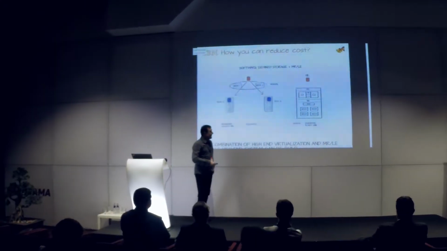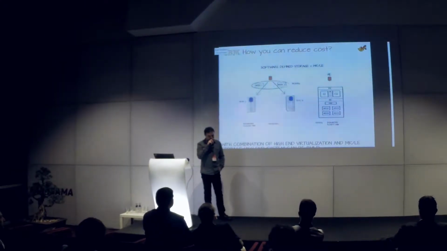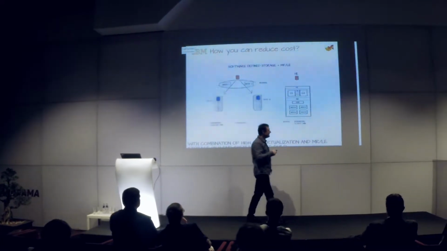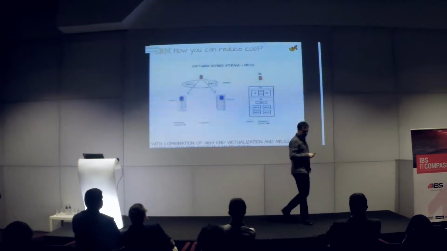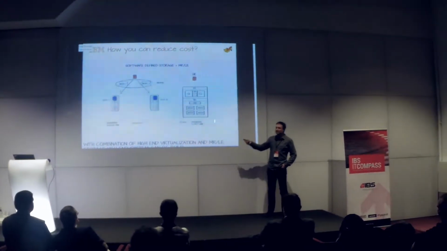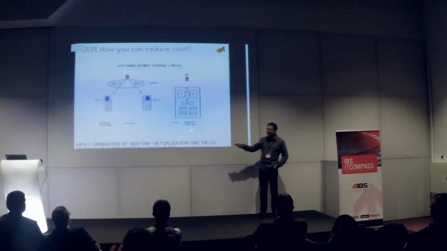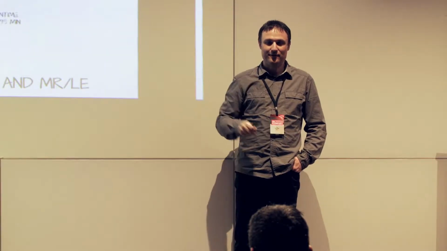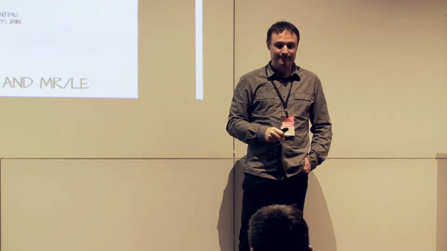Another very interesting use case is how to save money and achieve the same availability as high-end. Classical high-end on your left side, right? Full redundant environment, 5 nines, 5 to 6 nines means 5 minutes of unplanned downtime yearly.